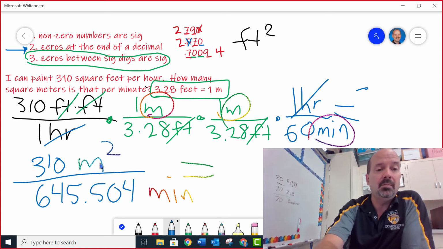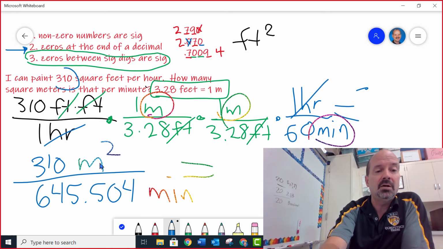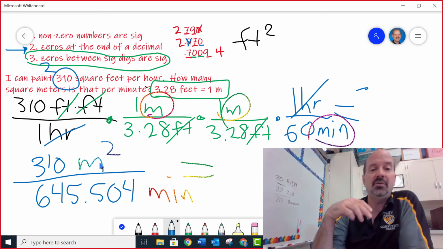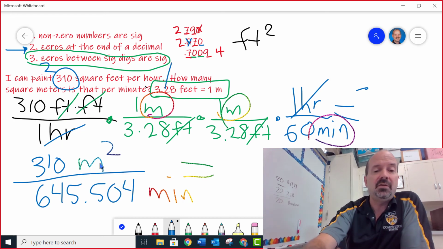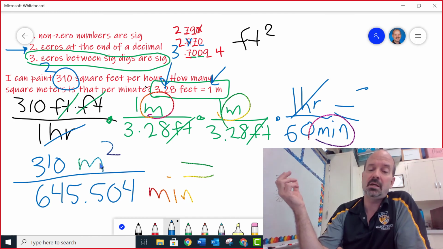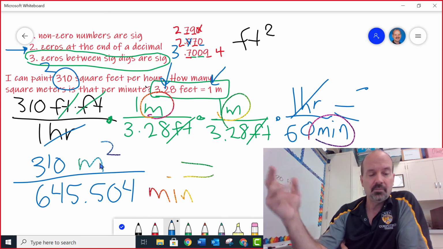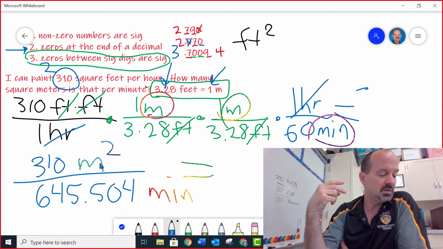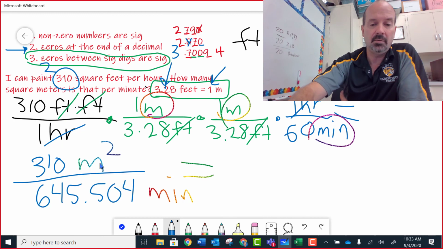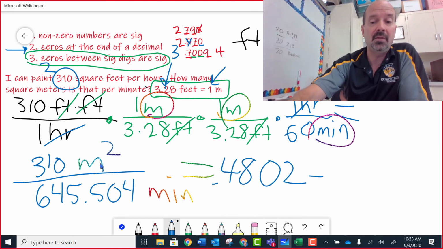In the problem, I'll color this with blue, we had 310, which has 2 significant digits. This conversion factor has 3. And this could have been 1.00. It could have been 3 because that's actually a precise number. It's just not written as a precise number. Anyway, I need 2 digits. And since my answer was 0.4802, I'm supposed to round that to 0.48. And then don't forget your units, meters squared per minute.